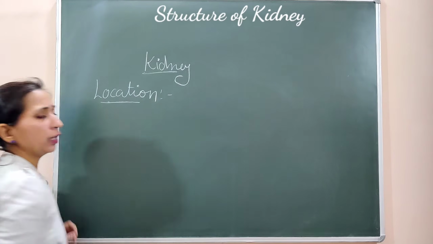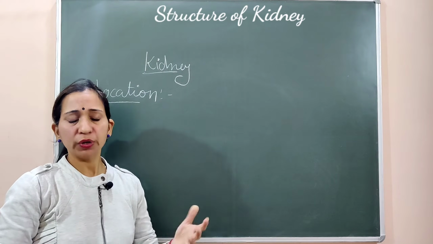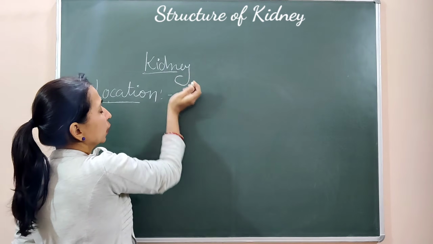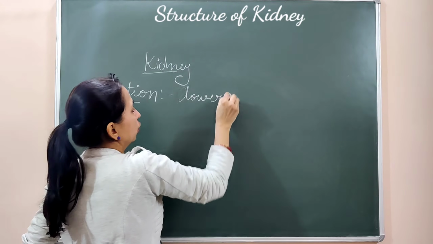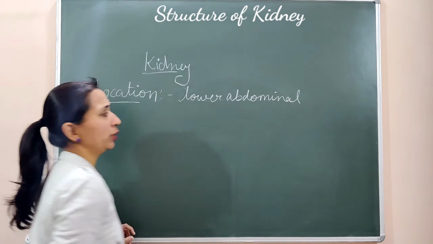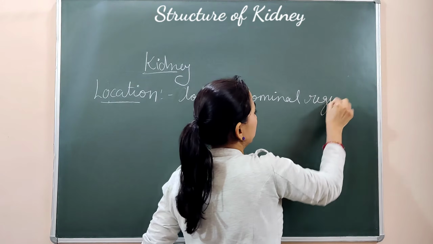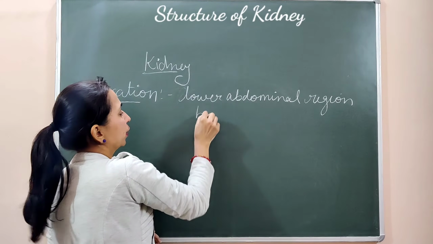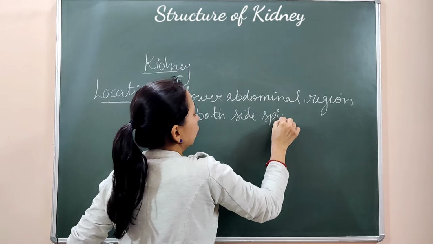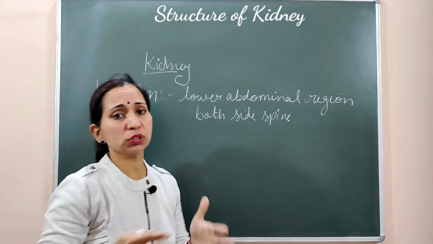The kidneys are located at the lower abdominal region, on the posterior side, at both sides of the spine. हमारे जो abdominal cavity होती है, उसमें नीचे की तरफ लोअर abdominal region में प्रेजेंट है किडनी at both sides of spine. तो अगर हम किडनी की बात करें तो यहाँ हमारे फ्रंट में किडनी नहीं है, किडनी बैक साइड पे प्रेजेंट है at the both sides of spine.